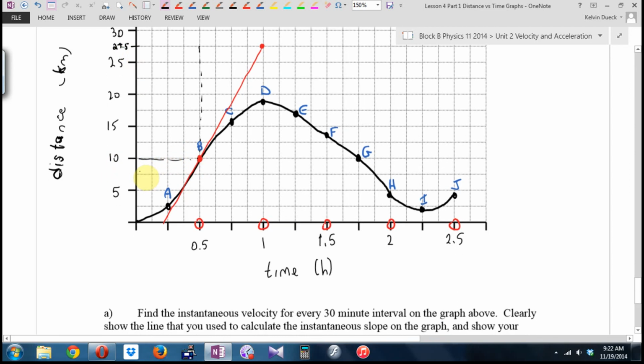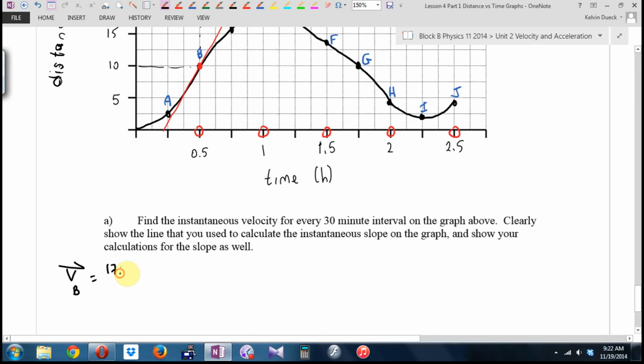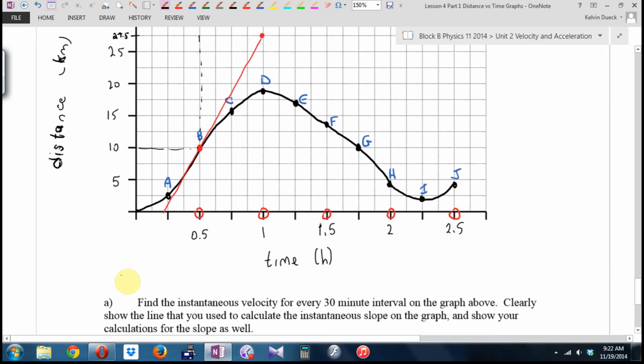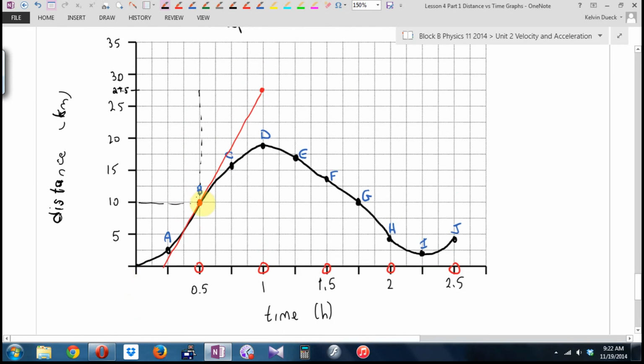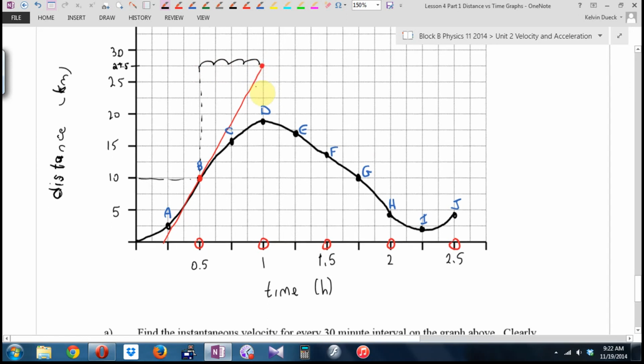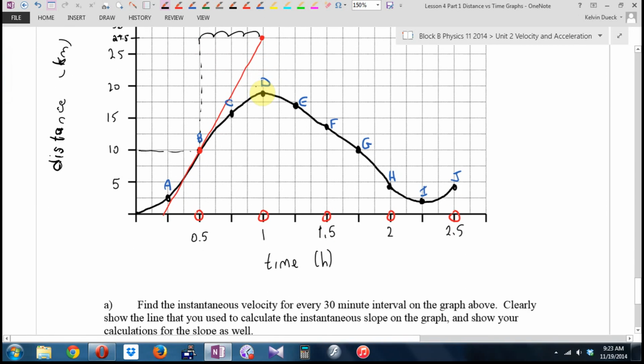My rise is 17.5. Sorry, I can't give you nice numbers all the time. Welcome to the real world data. Over. And my run is 1, 2, 3, 4 squares. What's each square worth horizontally?